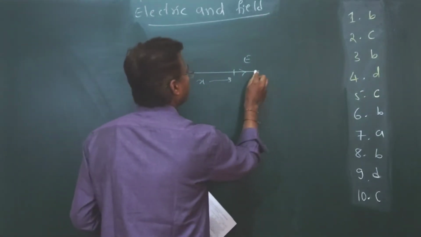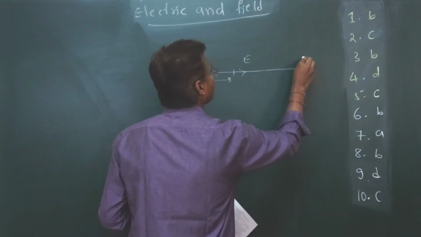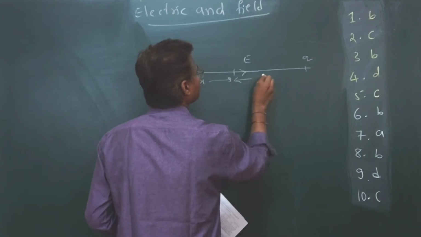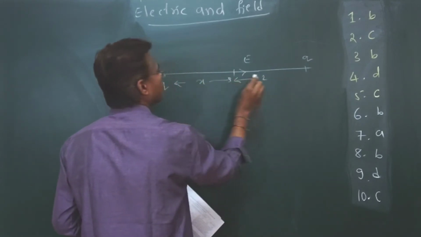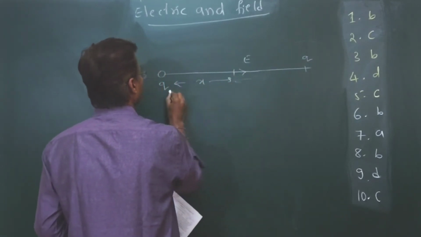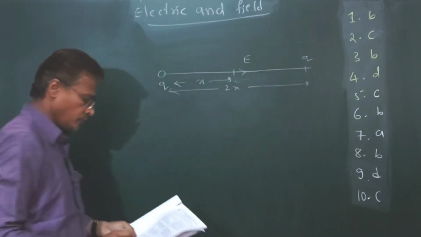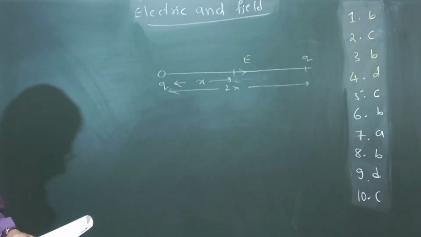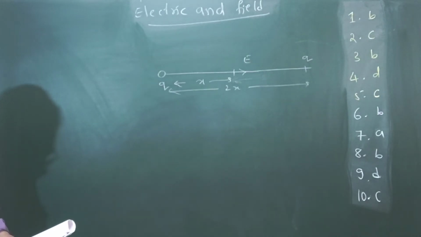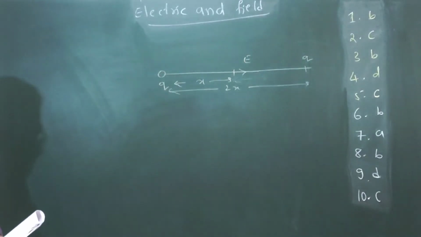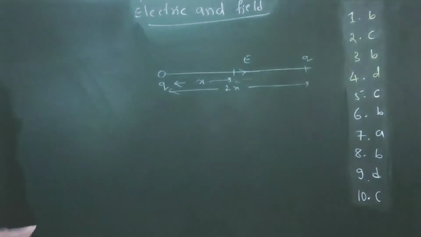This is x, and another identical charge, so x plus x is 2x, the total from here to here. Then what will be the force it experiences, that we can understand now.